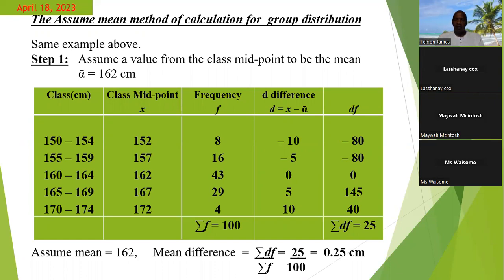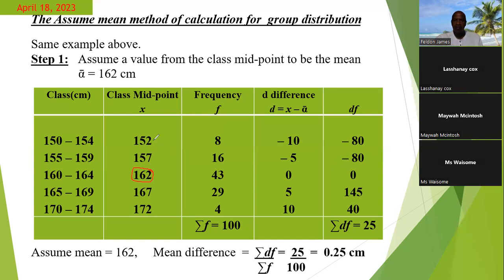All right. Now, when you choose your assumed mean, let's say you choose 162 as your assumed mean. What you're going to do with that value is use it to calculate your mean difference, which is labeled as D in this column. You would have to subtract your assumed mean, which is the 162, from all of the class midpoint values.